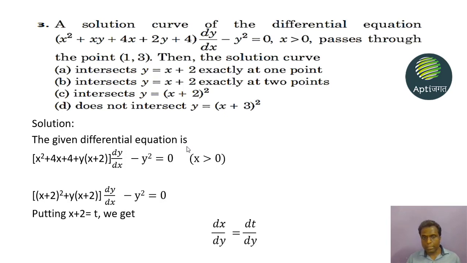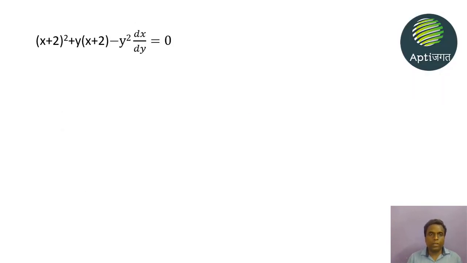By optimizing it, we can shorten it by substituting with t. If we put x plus 2 equal to t, then we can simplify the differential equation. Differentiating with respect to y, dx by dy is equal to dt by dy. Now wherever it is x plus 2, substitute t.